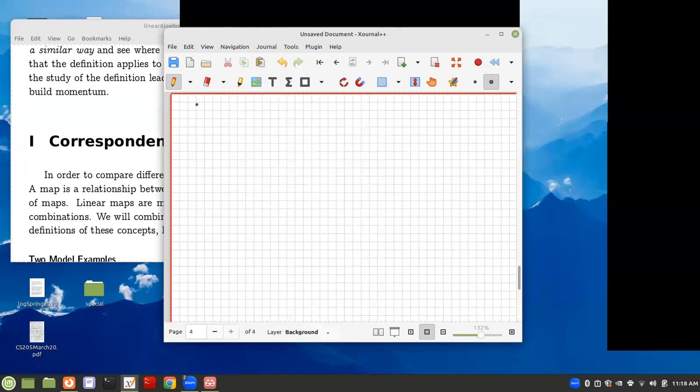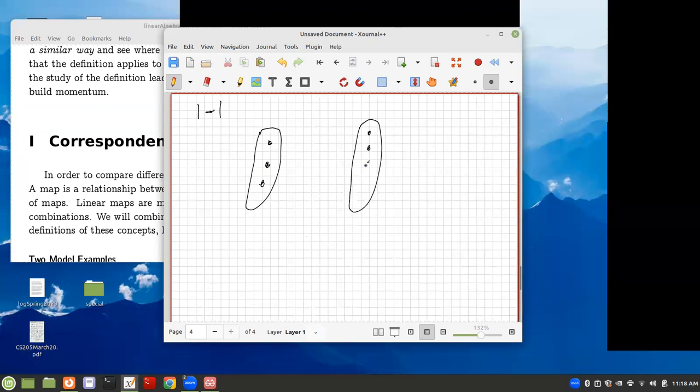And then there's a second property, one-to-one. Okay, so a one-to-one map, let's look at what the one-to-one map is. We can still have this situation here. We can say, okay, this map M, N, P is one-to-one.